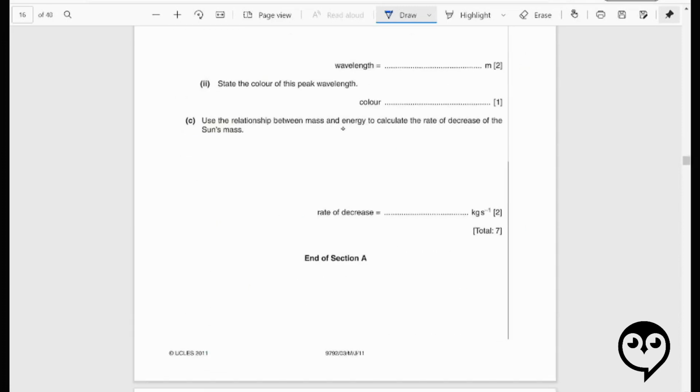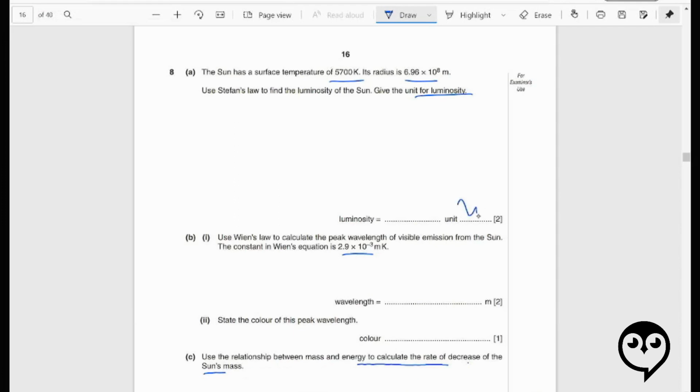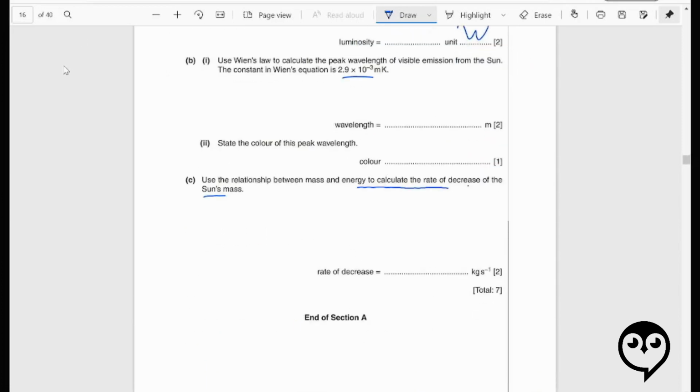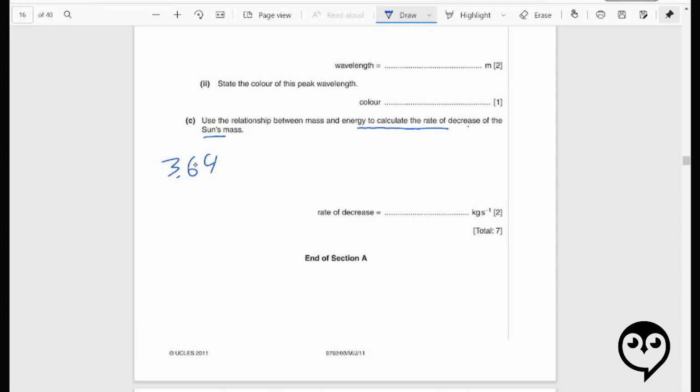Use a relationship between mass and energy to calculate the rate of decrease of the sun's mass. Okay, remember that the unit for luminosity is watts, and so that is actually a unit of power. What is it, 3.64 times 10 to the 26. So what's happening is it's losing 3.64 times 10 to the 26 joules per second, and they want to know what mass per second that is.